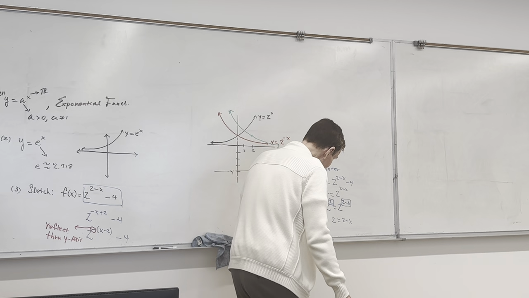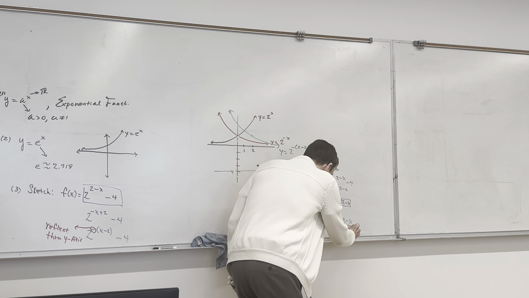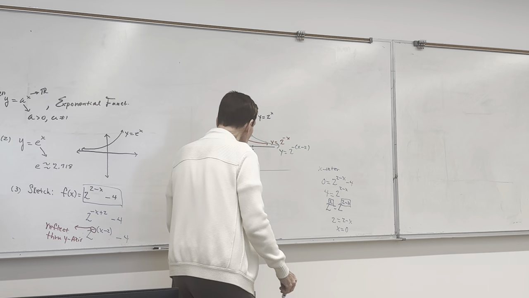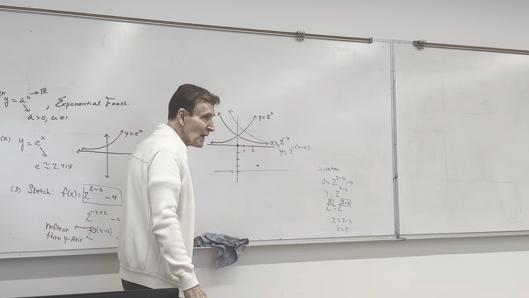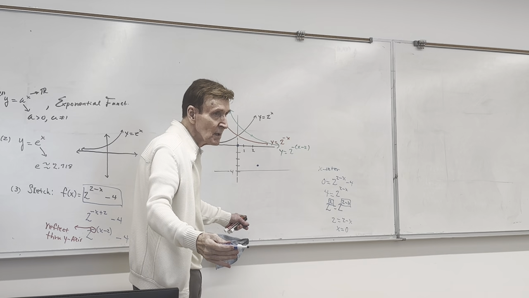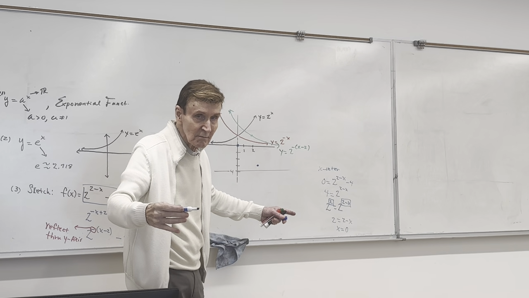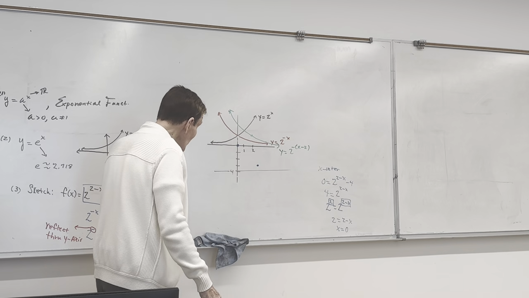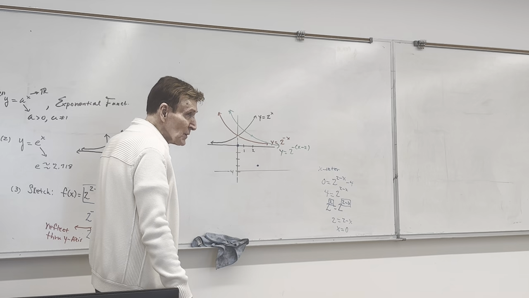If I solve for x, is it 0? My x-intercept is 0. So it's here. In other words, is the y-intercept also 0 then? If the x-intercept is 0, should the y-intercept also be 0? Absolutely.